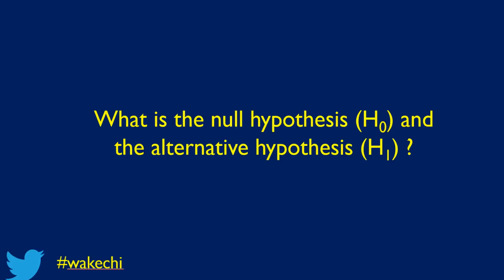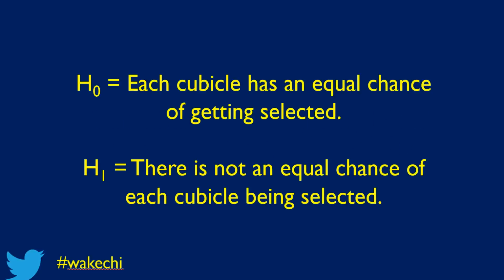So what we need to do is work out our null hypothesis and the alternative hypothesis, H0 and H1 respectively. We first met hypothesis testing in S2, and this is basically innocent until proven guilty. In the courtroom, the defendant is innocent, H0, unless evidence suggests otherwise, to reject the null hypothesis and accept the alternative hypothesis. So we need to work out what that means for our example.